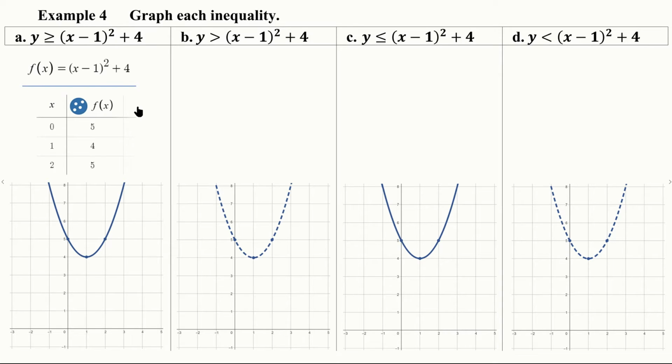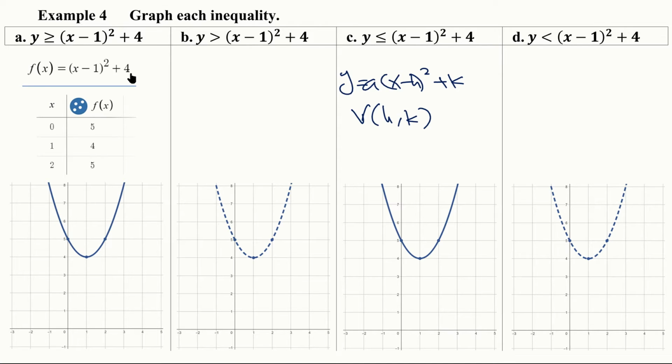Because the general form is y equals a times x minus h squared plus k, in which case the vertex is at (h, k). So (h, k) here is 1, 4, right?